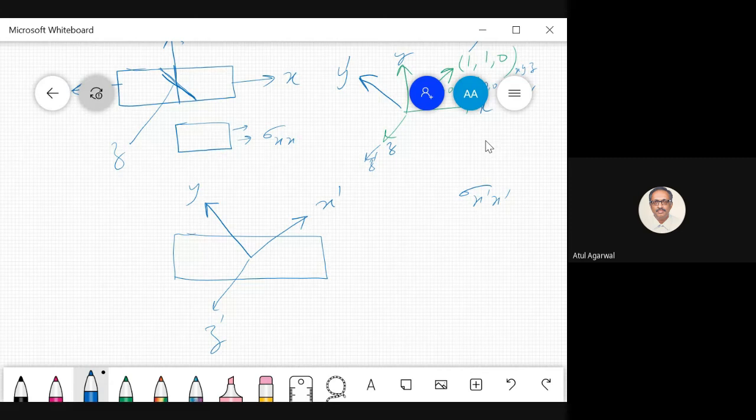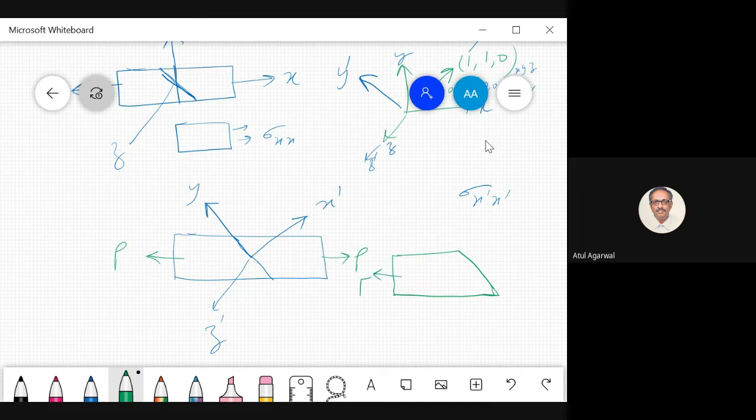I will take a normal plane like this. Now the plane is normal to the x prime direction. So my free body diagram becomes like this. My external force was like this, so the force is the same.